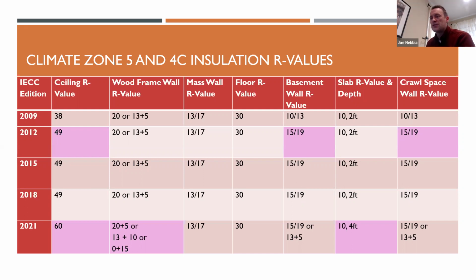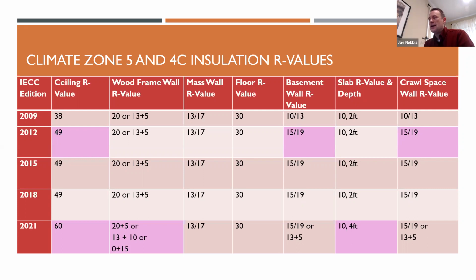Same requirements as climate zones 4 and 3 for the walls, 20 plus 5, 13 plus 10, or 0 plus 15. There's an R13 or 17 mass wall. So that's 13 if more insulation is to the outside, 17 if more is to the inside. R30 for floors over unconditioned space. Basements has this option now. So it's 15 or 19 in climate zone 5.